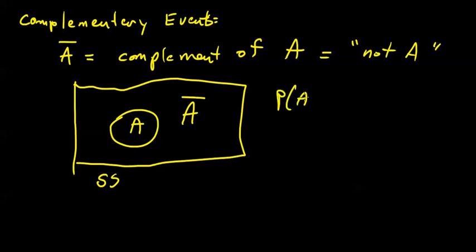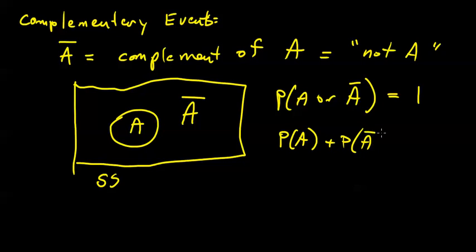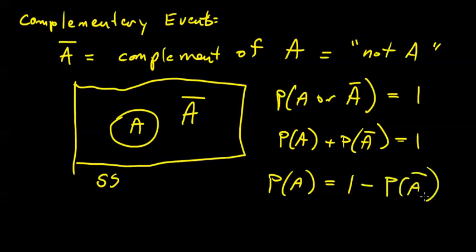Well, of course, either A or not A must occur, so the probability of A or not A equals 1. Because A and not A are disjoint, I can say the probability of A plus the probability of not A equals 1. What we're getting at here is that if I know two events are disjoint, I can find the probability of one if I know the probability of the other, because they have to add up to 1.